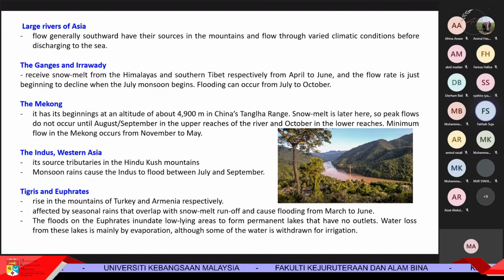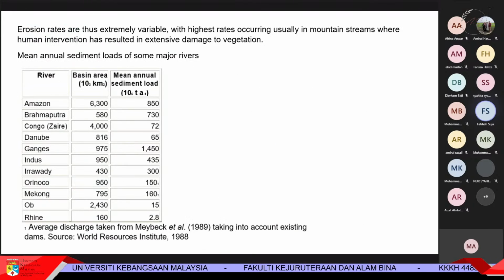Because the erosion rates are extremely variable, because you have different precipitation, different rainfall, different regions. Erosion rates are extremely variable, with the highest rate occurring usually in mountain streams where human intervention has resulted in extensive damage to vegetation. That's why sediment load, usually for water supply, is one of the very important parameters that need to be taken into account.